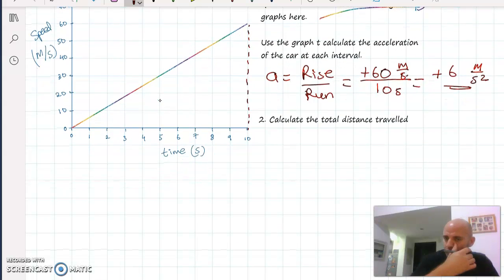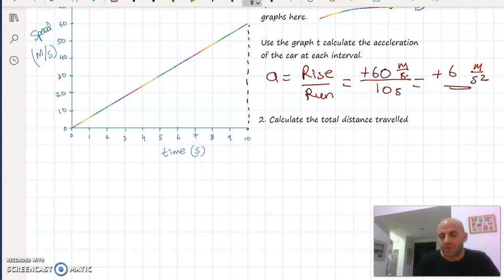Now here's the thing that I didn't run through with you in class. I have a feeling that people can't remember how to do it, but we don't really have time for me to go back on it all the time. So to calculate the total distance traveled, think about your formula: speed equals distance over time.